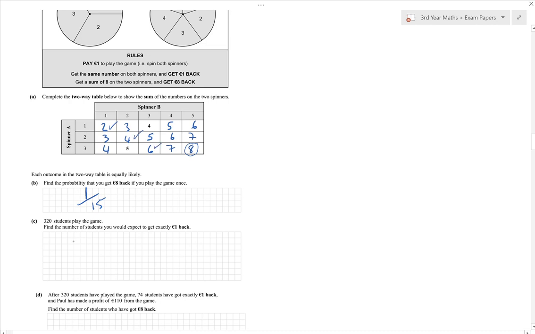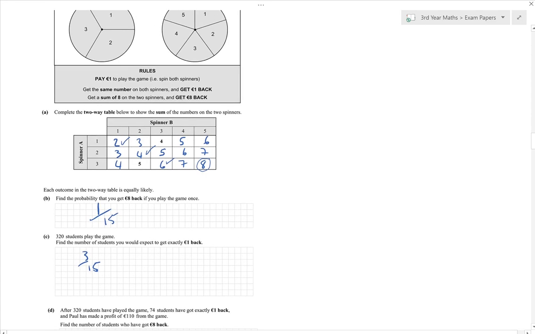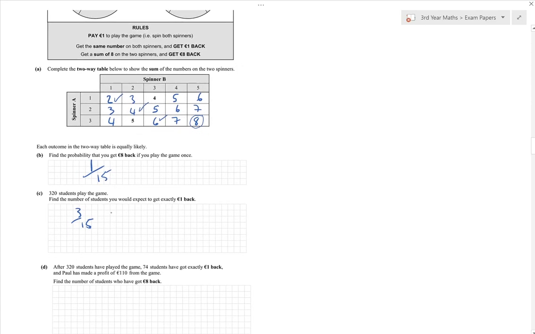So that's 3 out of 15. And that's the probability of getting your €1 back. But out of the 320 people who played the game, you have to multiply that probability by 320, and that gives you 64 students.